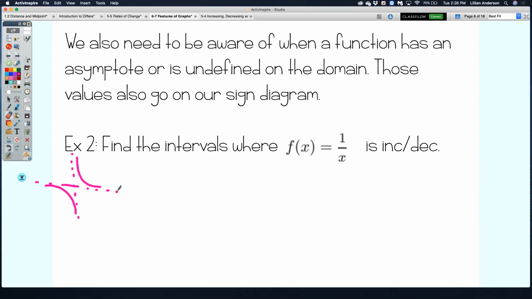Okay? So since there is an asymptote here, that asymptote value is going to go on our number line, along with any other critical points that we get when we set the first derivative equal to 0. Okay? So what is our first derivative here?